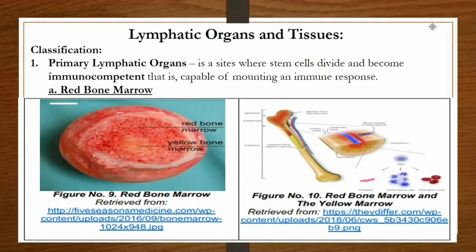In primary lymphatic organs such as red bone marrow and thymus, lymphocytes become immunocompetent, that is, they are able to recognize and respond to antigens.